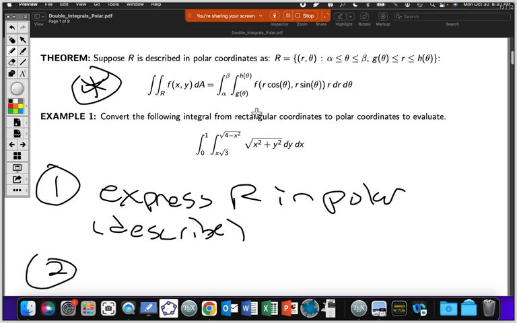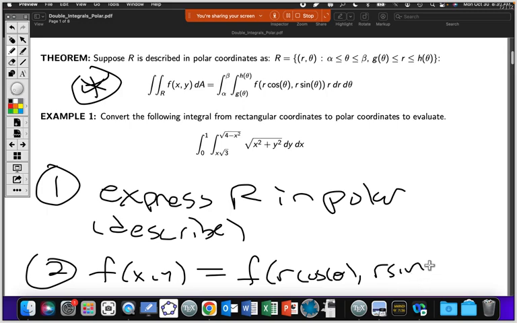And then two, you want to take the integrand, which will be ostensibly in terms of x and y, and then convert that to polar using the conversions.